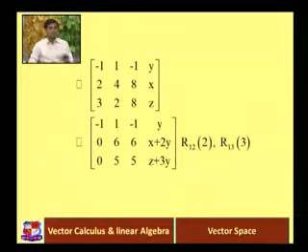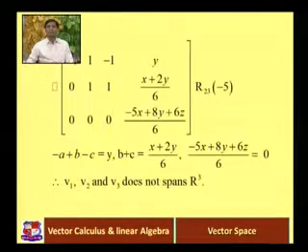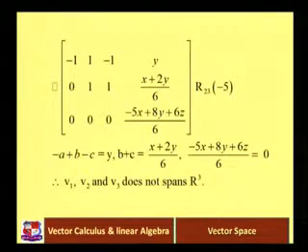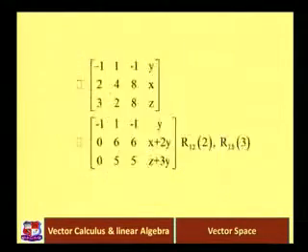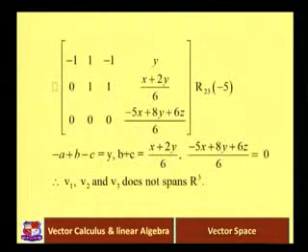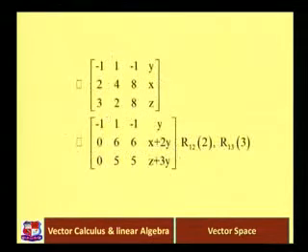What do we have to do? We multiply the second row with 1 by 6, and then we multiply the second row with 5 by 6 and add it into the third row. Here there are two processes: we divide the second row by 6, and then we multiply the second row with -5 and add it into the third row.